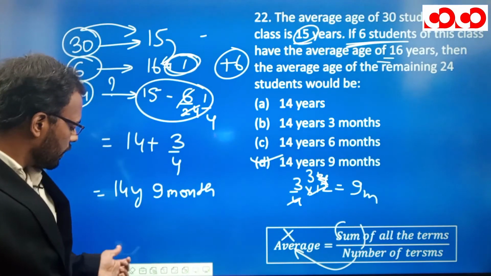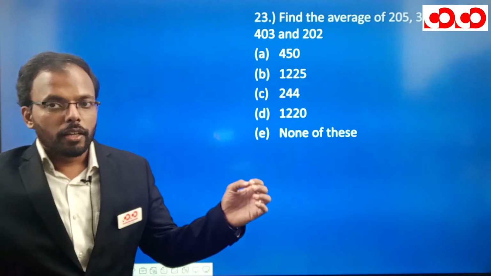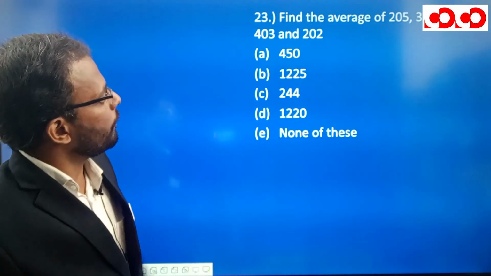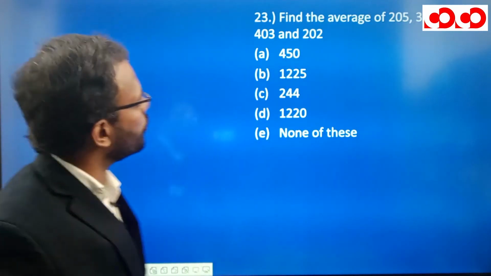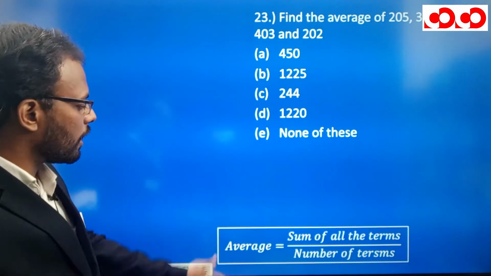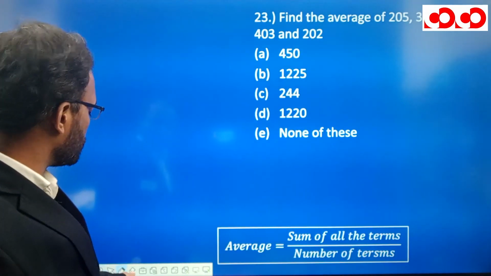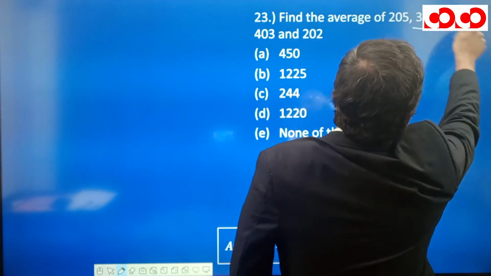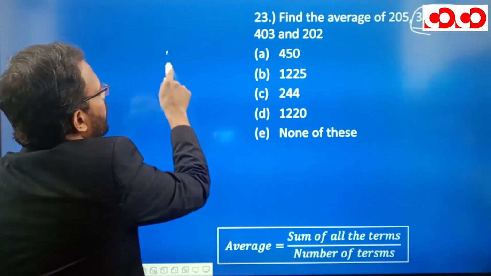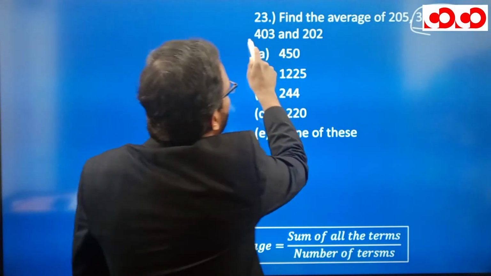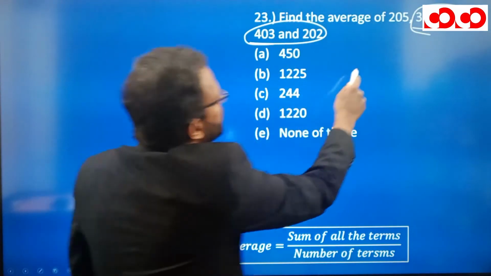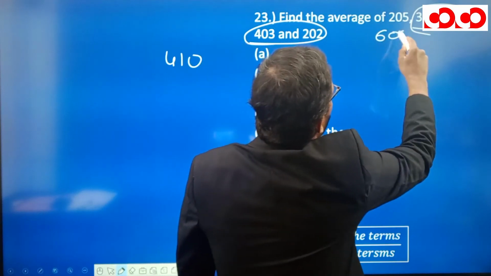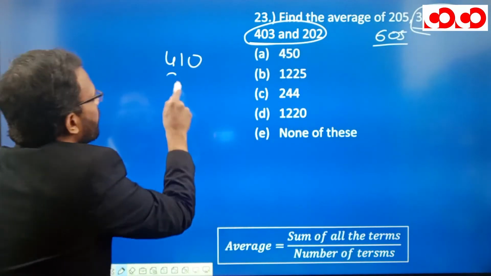Let's move on to the next question. Over here you can see we have to find the average of a few numbers, and we know that average is nothing but the sum of terms divided by the number of terms. If we add them, 302 plus 108 is 410, and these two numbers adding up will become 605, and 605 plus this number will be 810.